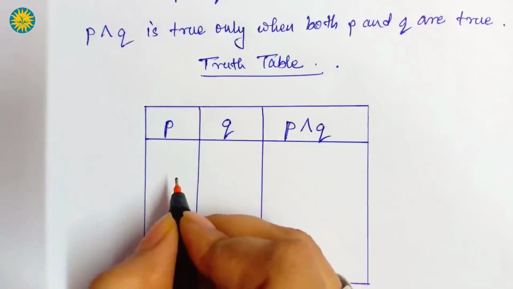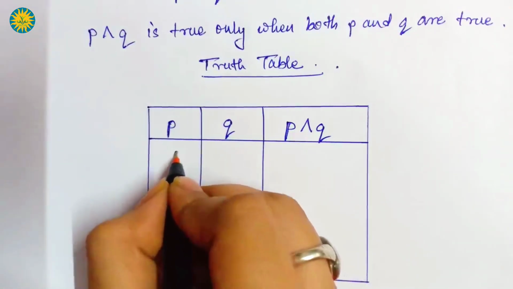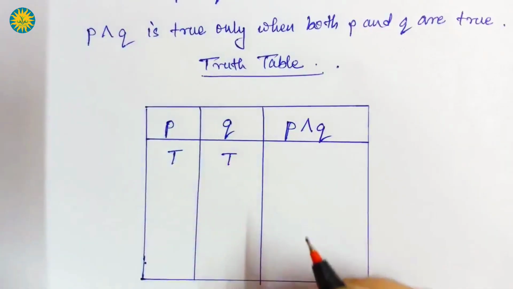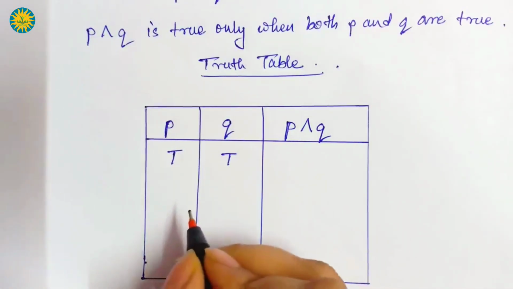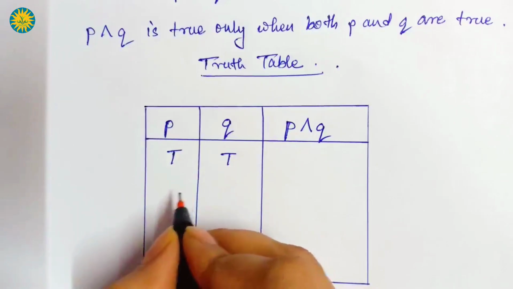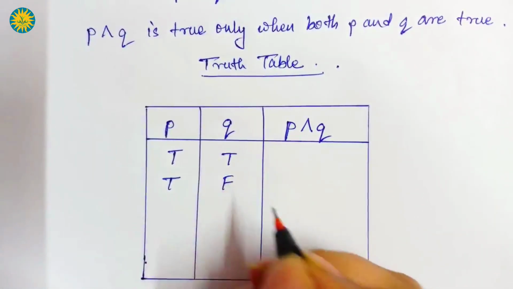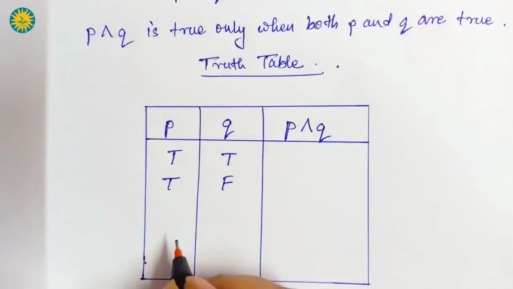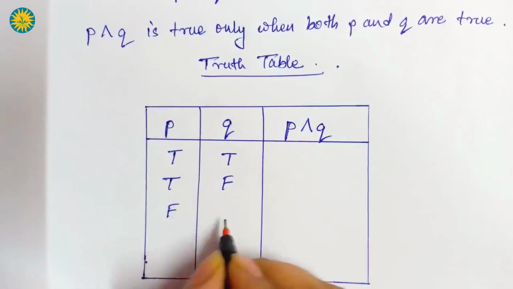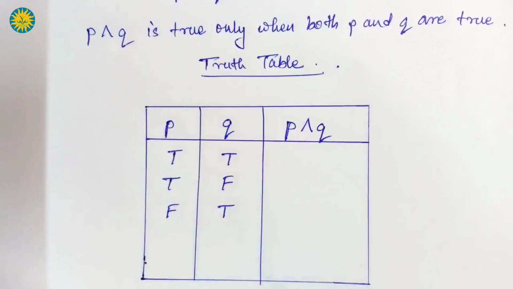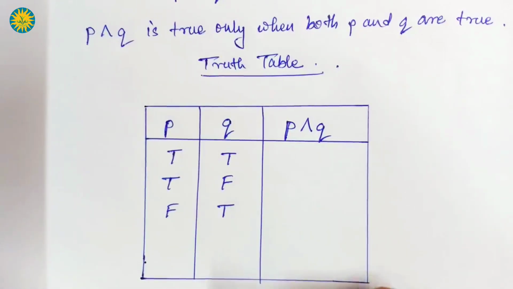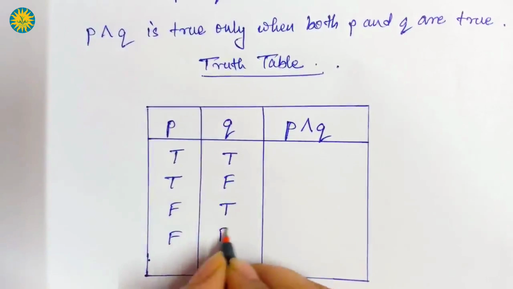First, in the first case, both P and Q can be true. In the second case, P can be true and Q can be false. Similarly, in the third case, P can be false and Q can be true. And in the fourth case, both P and Q can be false.